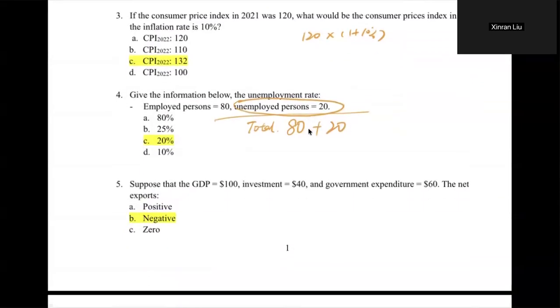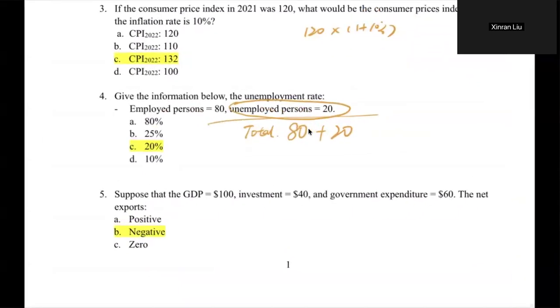Okay, then question 5. This is a question where some students make common mistakes, so let's explain why it should be. Okay, so I think most of you can understand.